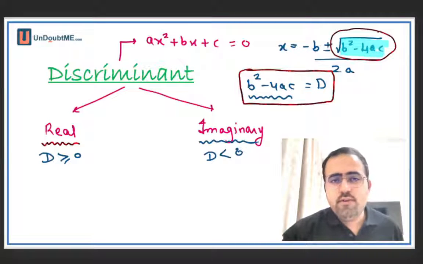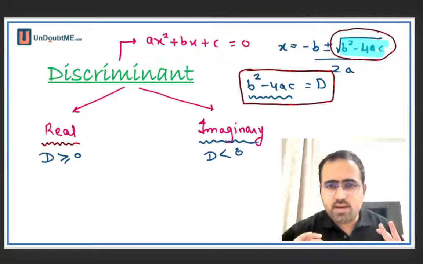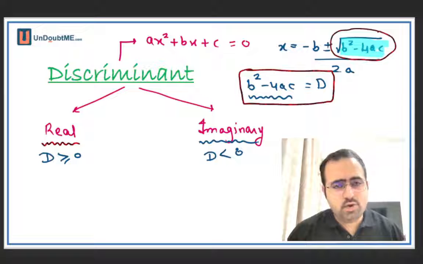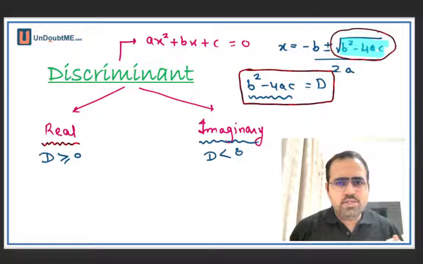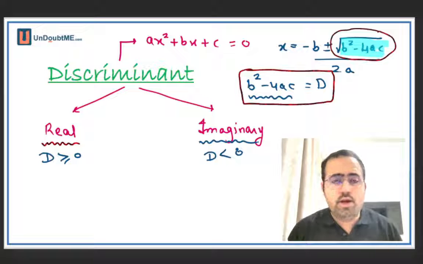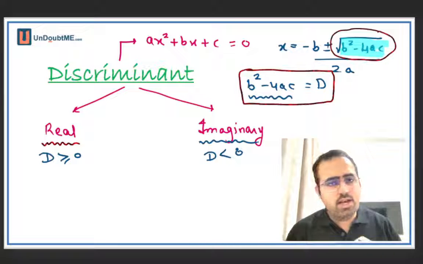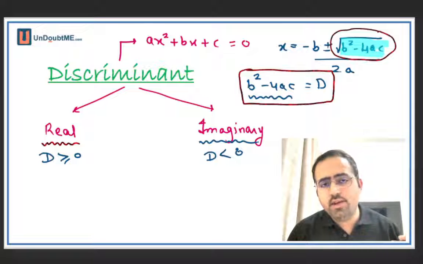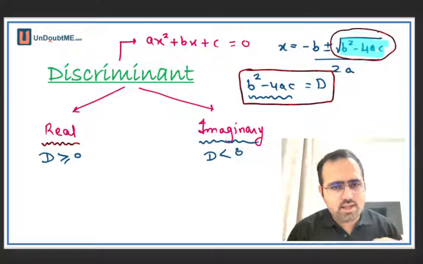So if the value of d is negative, the game is over at that moment, and we cannot solve it further. We can definitely solve it, but for that we should understand complex numbers. Right now I'm just talking about how we determine whether the roots are real or imaginary. If they are imaginary, we can leave it in that form, and if they are real, we can go ahead and find the values of the roots, that is x.